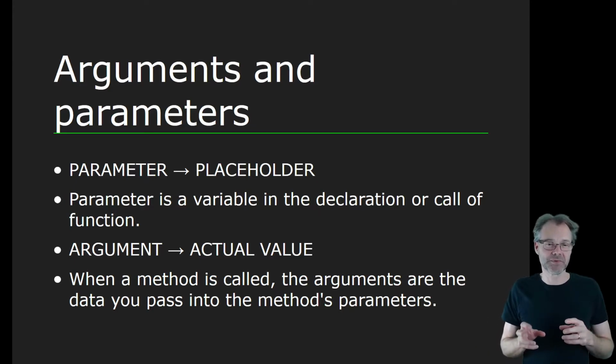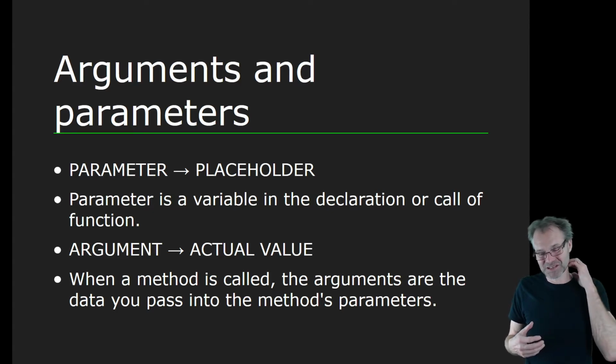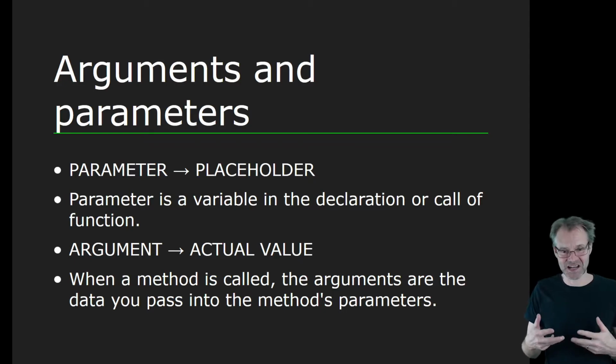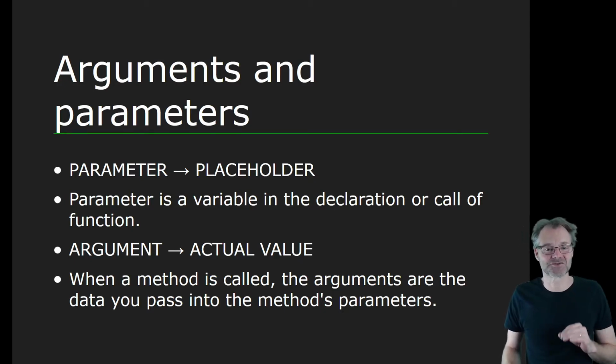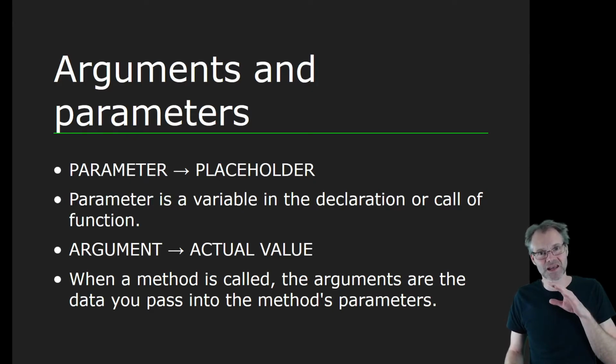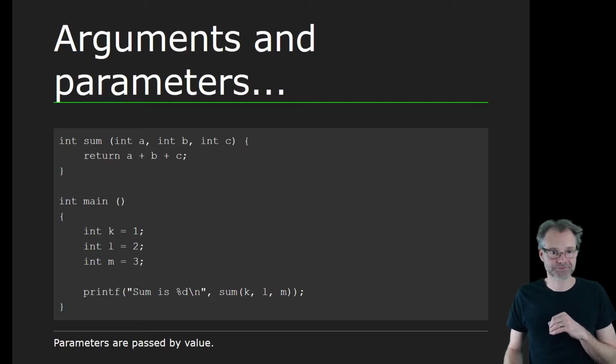So it could be good if we try to separate what is a parameter and what is an argument, but people around you will most likely mix these together and use them interchangeably, meaning the same thing. Well, we tried at least to separate them. So parameter is the placeholder. The argument, that's the actual value.